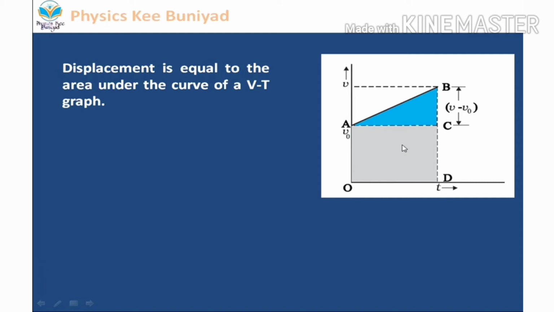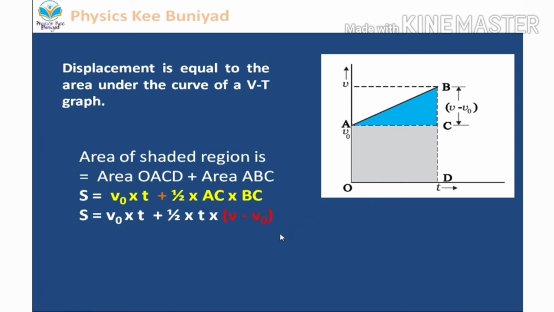One is the rectangle, and another one is the triangle. If we calculate the area of the rectangle and the triangle and add them, we will get the displacement at time t. So we will calculate the area of the rectangle and the area of the triangle ABC.